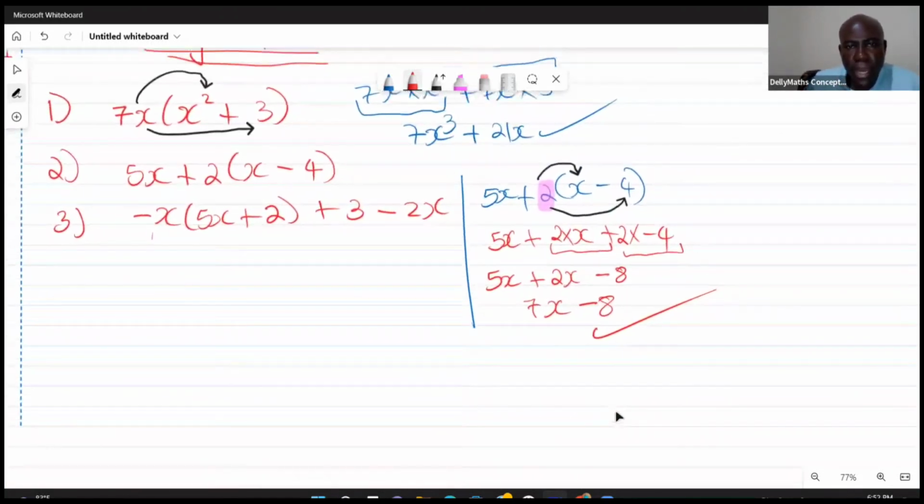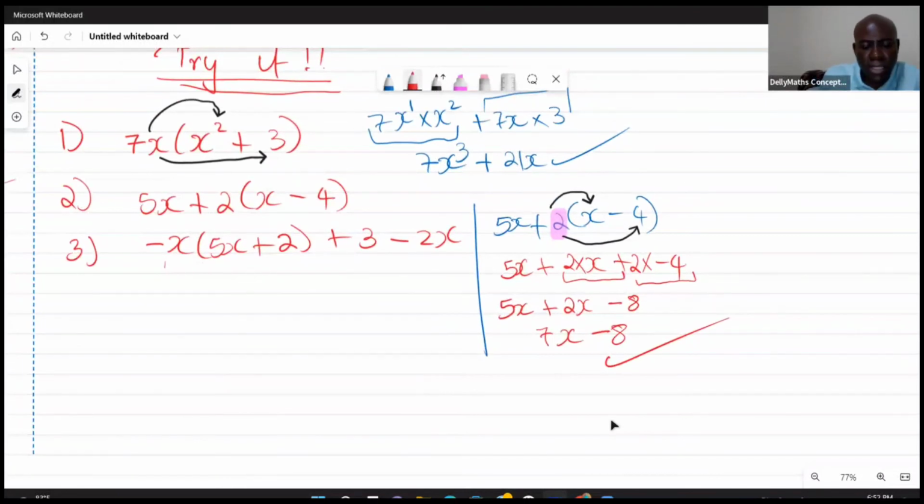For the last one, I will be doing it underneath. So first things first, we want to distribute the negative x to the 5x and the negative x to the 2. Here comes negative x times 5x, negative x times 2. Then at the back, there's a positive 3 and the minus 2x.